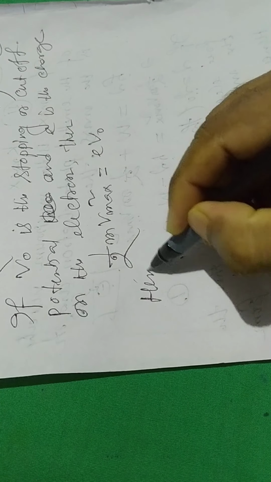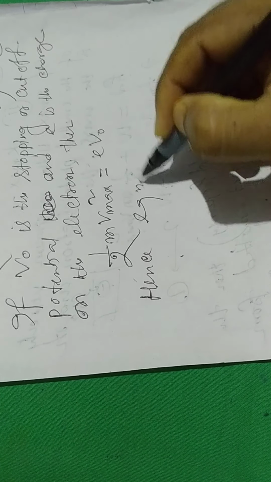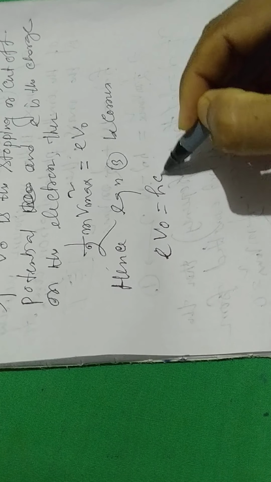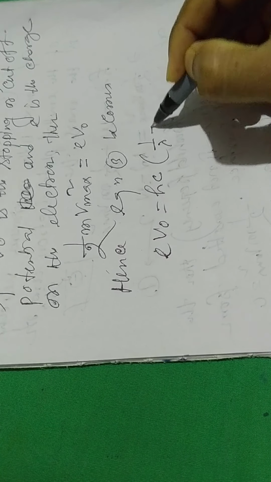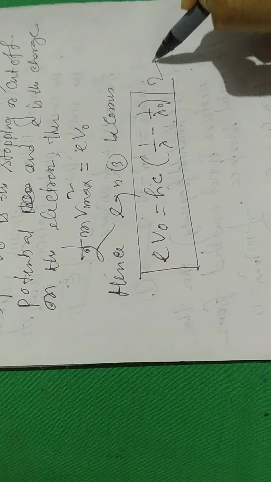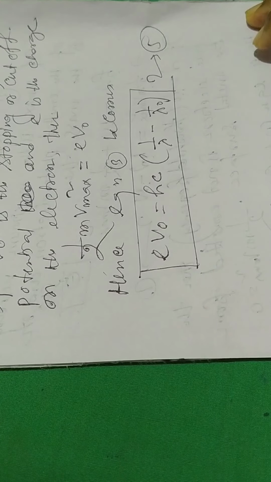Hence equation 3 becomes eV naught equal to hc times 1 by lambda minus 1 by lambda naught. This is another form of Einstein's photoelectric equation.